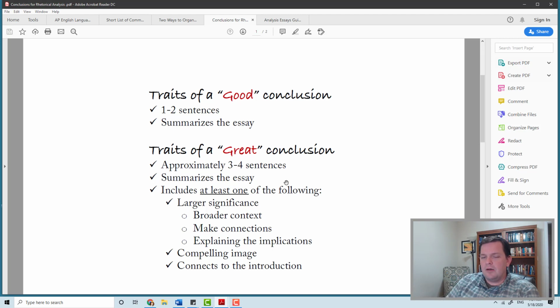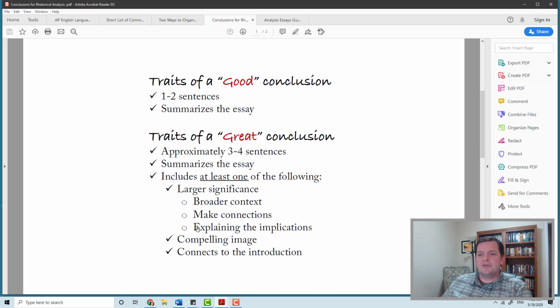I think you could accomplish a couple of these even in 2 sentences. So you don't need an extremely long conclusion in order to do these things. But I do think that a conclusion that does one of these 3 things, or multiples of these things, is going to be much stronger.